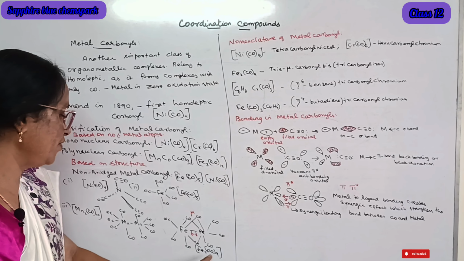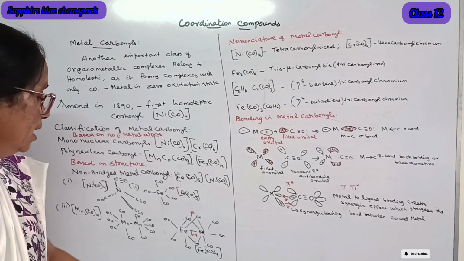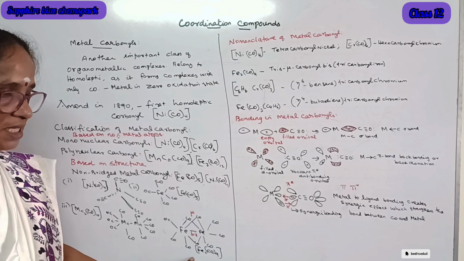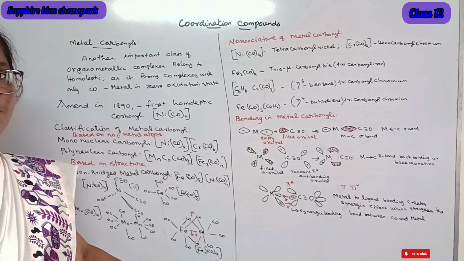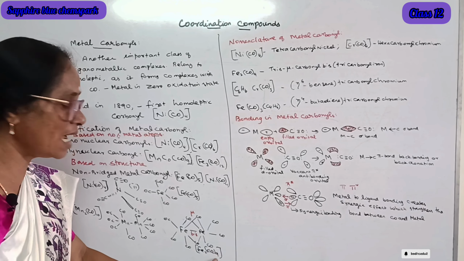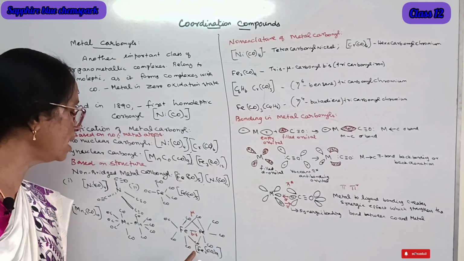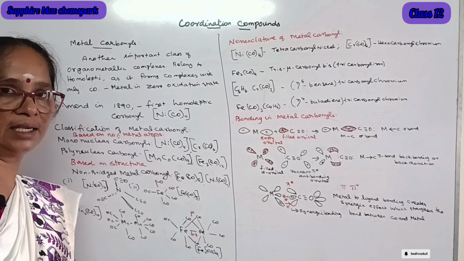If I take Fe2(CO)9 here, iron is present twice and there are 9 carbonyl groups. So, these 9 carbonyl groups should be shared between the 2 iron atoms.